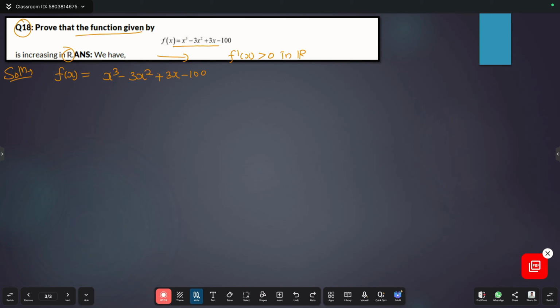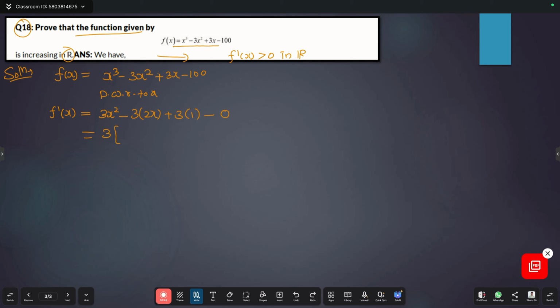f' means derivative, so differentiate this function with respect to x. f'(x) equals the derivative of x³, which is 3x², minus 3 times the derivative of x², which is 2x, plus 3 as it is, the derivative of x is 1, and the constant is 0. You can see 3 is common.